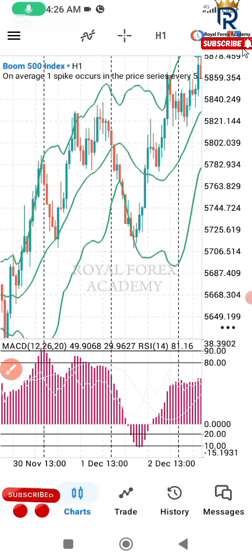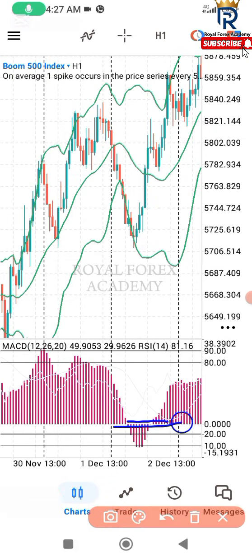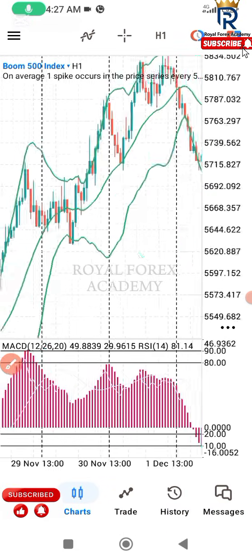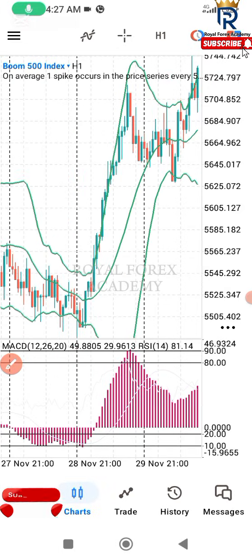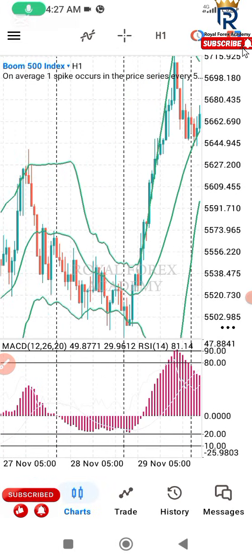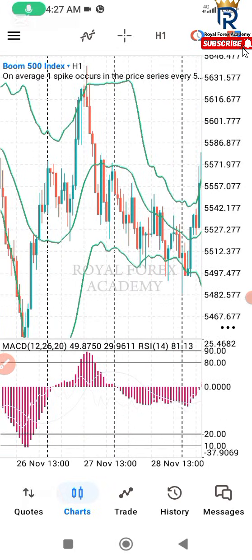Now, if you must buy, the MACD histogram line must trend above the zero level. And if you must sell, the MACD histogram line must trend below the zero level. If you look at this carefully, you realize that the MACD histogram has been trending above more than it has been trading below.